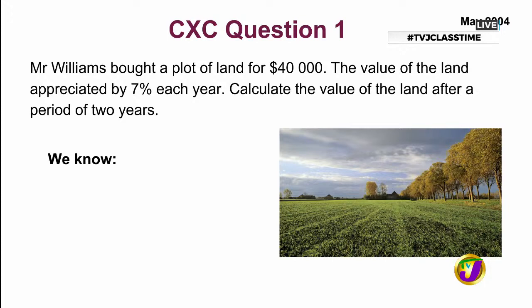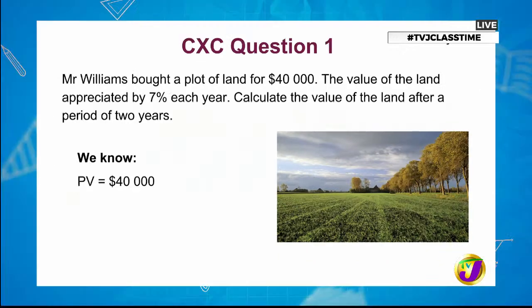So we're going to use our formula. But first, let's pick out the information that we can gather from the question. All right, cool. So clearly we can see that the present value of the plot of land is $40,000. That's right. Our R rate is 7. And the N is the number of years, which is 2.